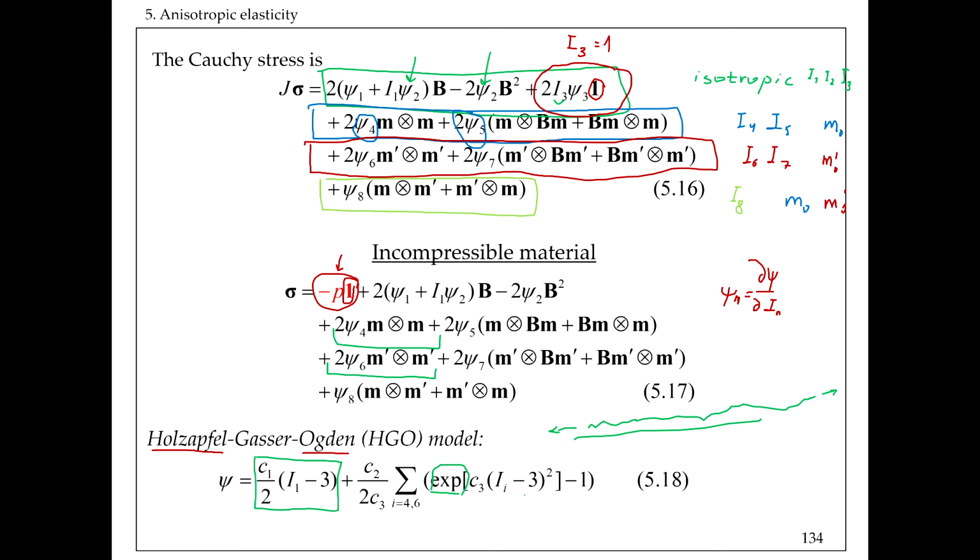Again, as you can see, these are phenomenological models, meaning that all these constants don't really have much physical meaning. You have experimental data, and then you go with that to fit the experimental data. There is some information from the microstructure with physical meaning that you embed in this structure, and that is basically the initial preferable direction of the two families of fibers that you plug in here.